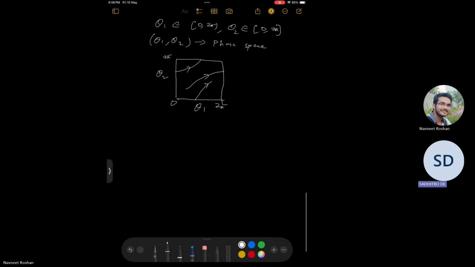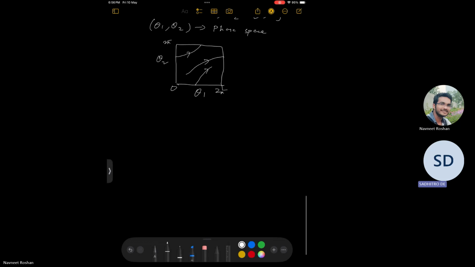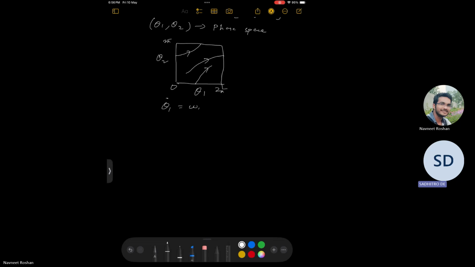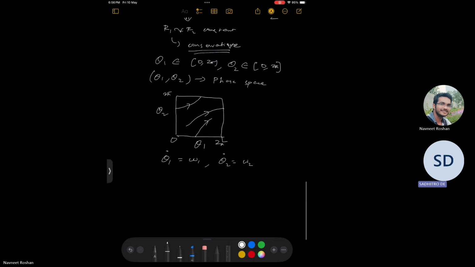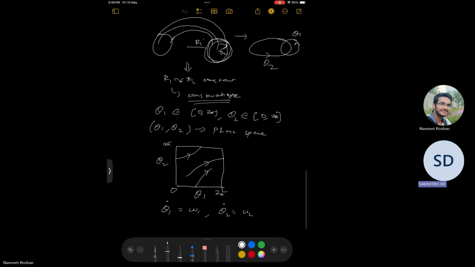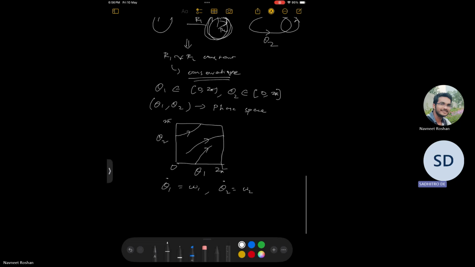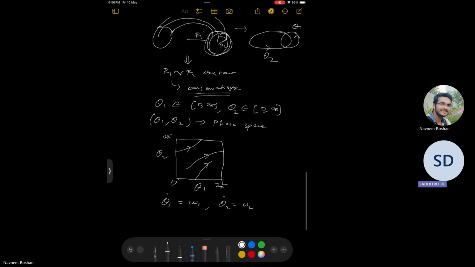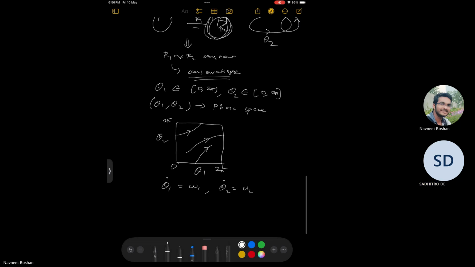Now let us say that the equations of theta 1 and theta 2 are simply given by theta 1 dot equal to omega 1 and theta 2 dot equal to omega 2. So omega 1 and omega 2 basically denote the frequencies with which these two circumferences are covered, or the angular velocities of the phase point along these two circumferences of radius r1 and r2.